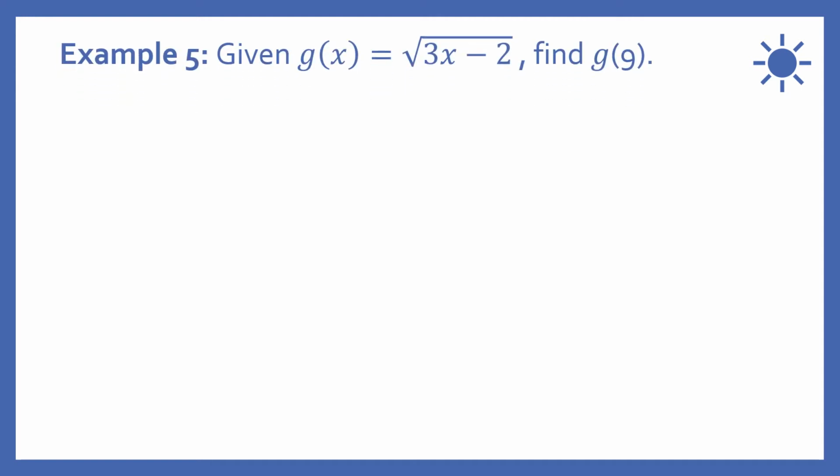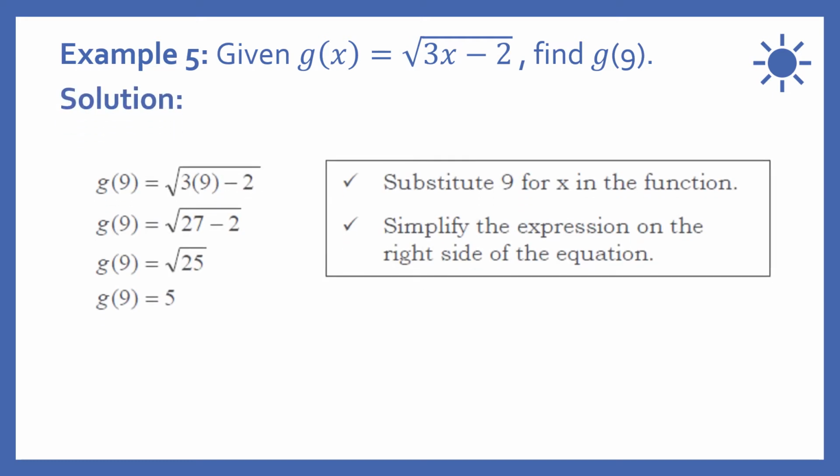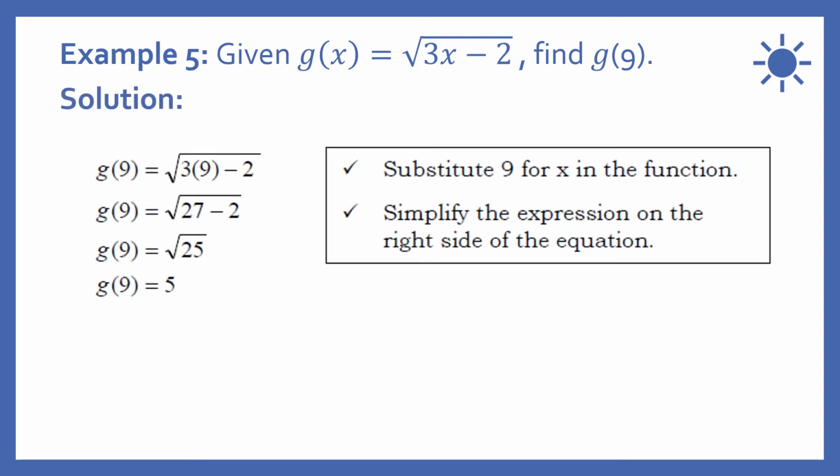Next, example 5. Given g of x equals the square root of 3x minus 2. Find g of 9. So, ang value ng x natin this time ay 9. So, isa-substitute pa rin natin in place of x. Solution, substitute 9 for x in the function.